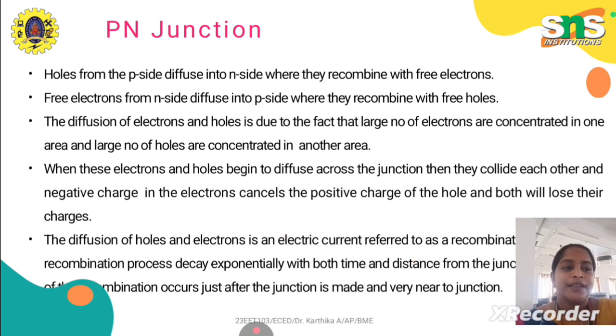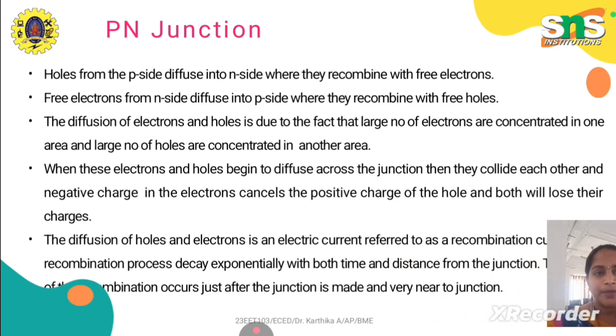See, in a PN junction, holes from the P side diffuse into the N side where they recombine with free electrons, and free electrons from the N side diffuse into the P side where they recombine with free holes. The diffusion of electrons and holes is due to the fact that a large number of electrons are concentrated in one area and a large number of holes are concentrated in another area.